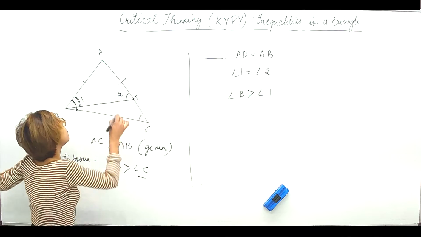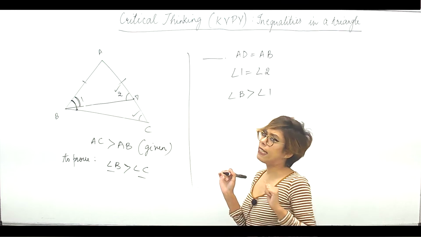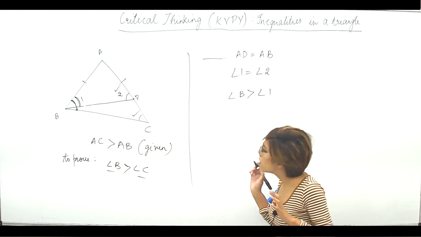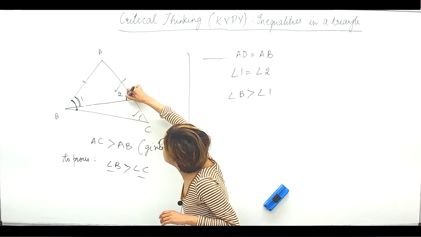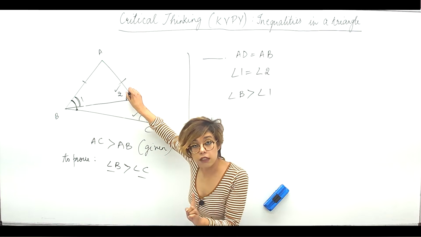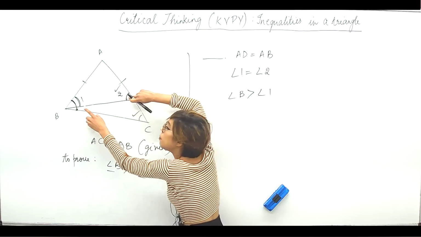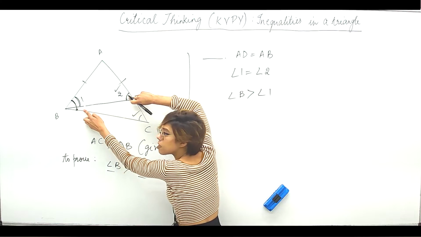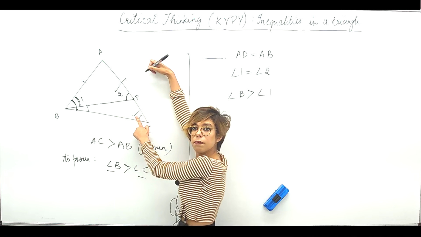Now, is there a relation between this angle and this angle? Come on, there's a clear-cut relationship over here. Consider this triangle BCD. This angle, angle 2, is the exterior angle and I know that the exterior angle is equal to sum of opposite interior ones. Right? This angle is equal to this plus this.